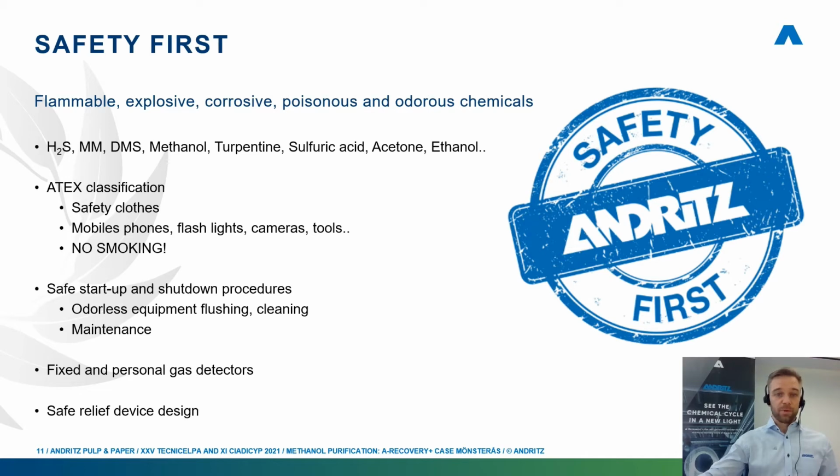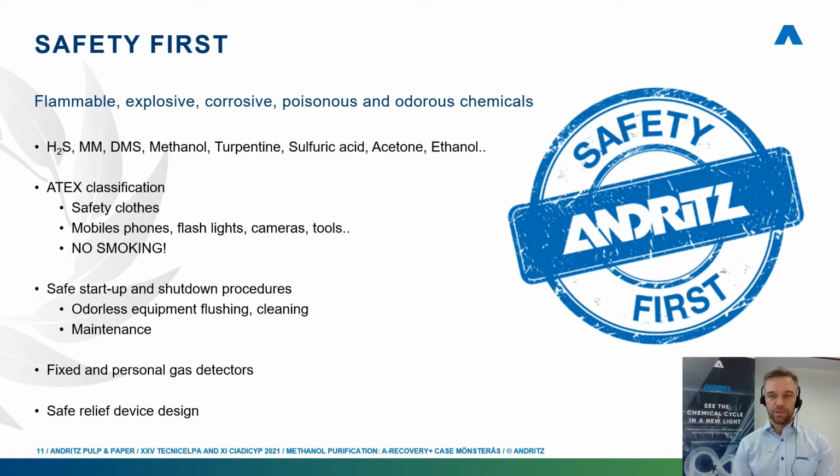It's also very important to design safe startup and shutdown procedures, especially for equipment flushing, cleaning and maintenance, so that you can avoid all the unnecessary spills and leakages and odors to atmosphere.